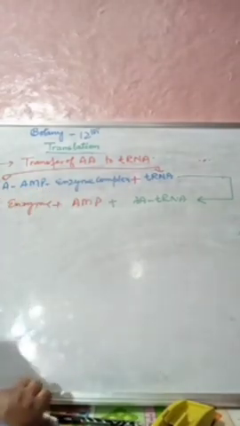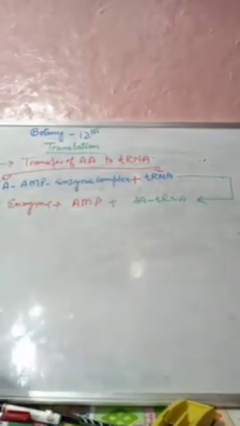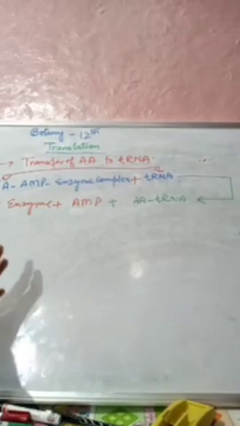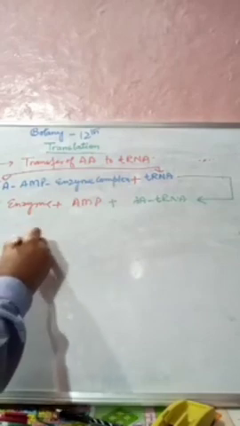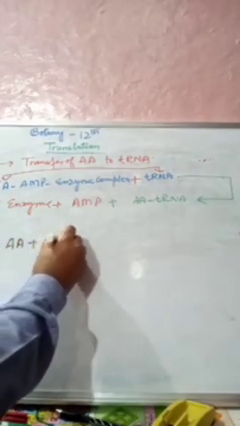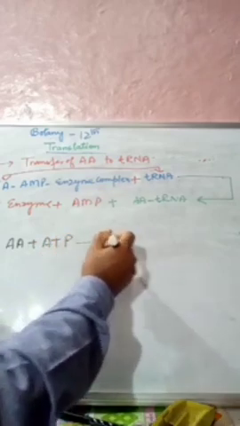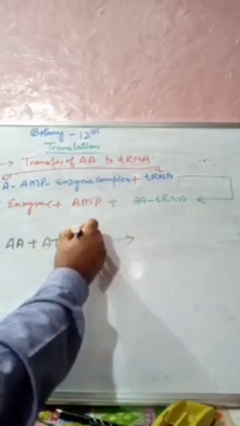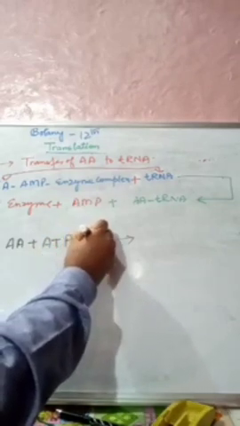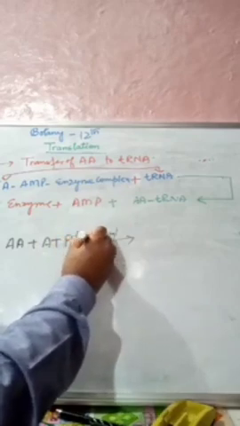So in the translation step, what happens? First is the activation of the amino acids. This reaction is brought about by binding of an amino acid with ATP. In the first step, the amino acid reacts with the ATP, and this whole reaction requires an enzyme called aminoacyl synthetases.